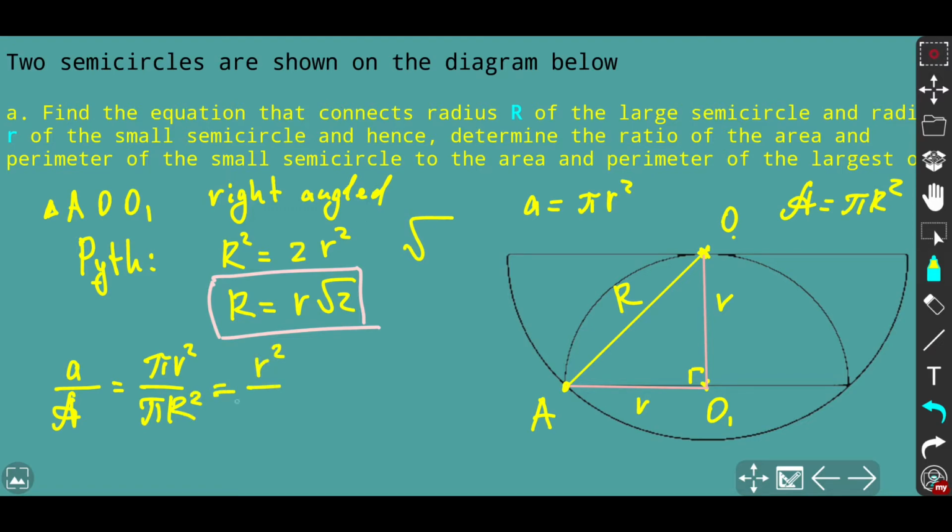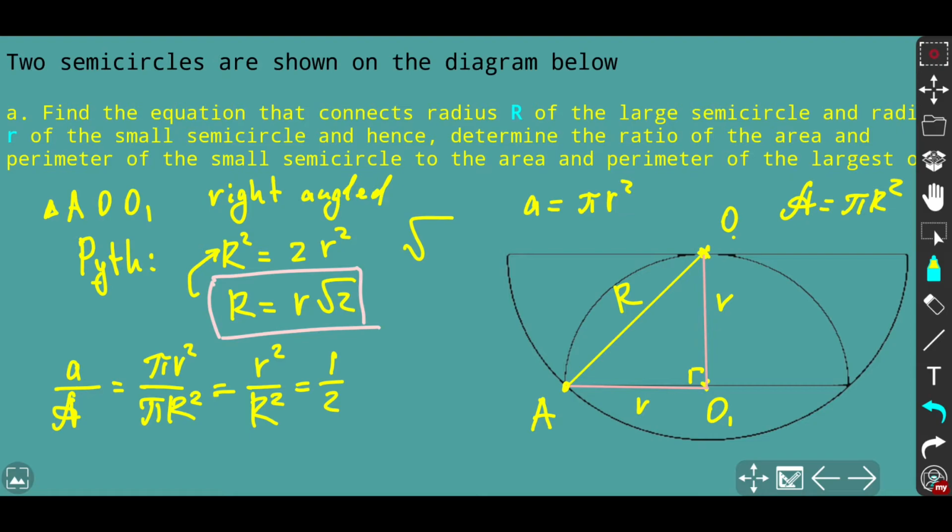It's going to be r squared small to R squared, which is the big one. And hence we've got the ratio of the squares. The ratio of the squares we can pick up from the previous equation, and that means we'll get 1/2. Okay, if we messed up and got 2, for example, just check for the right sense. The area of the small semicircle obviously is smaller than the area of the big one. So if you got 2 for some reason, you just need to check yourself.